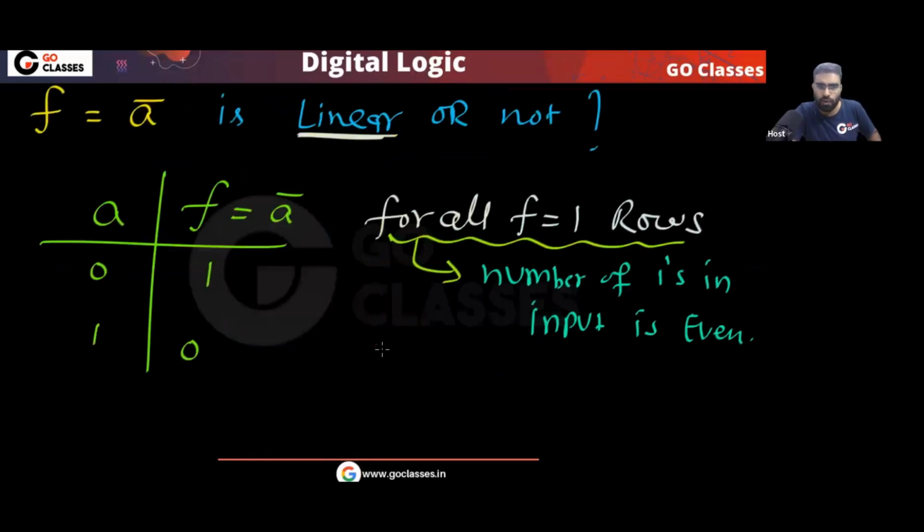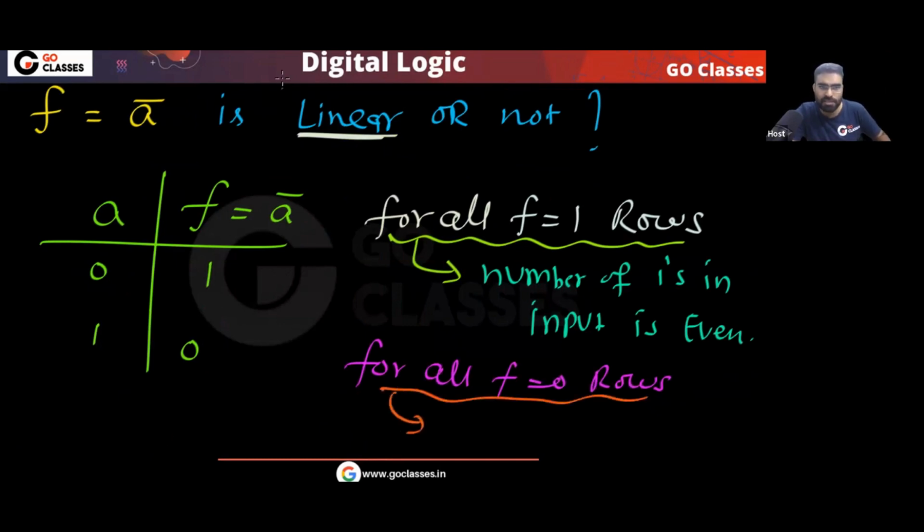So tell me, for all f equal to 0 rows, what is happening? How many ones are there in the input? There is an odd number of ones. The number of ones in the input is odd.